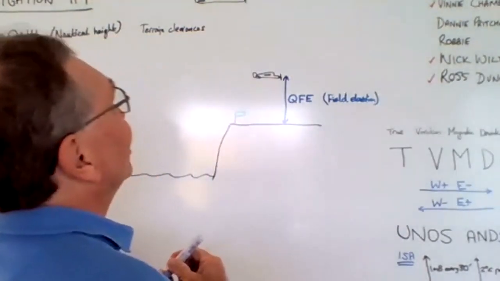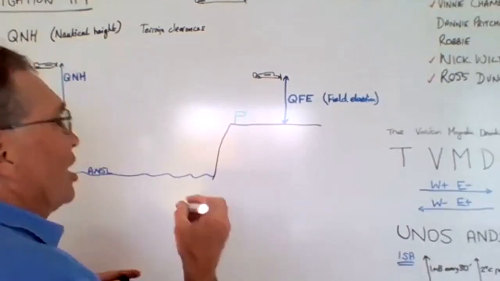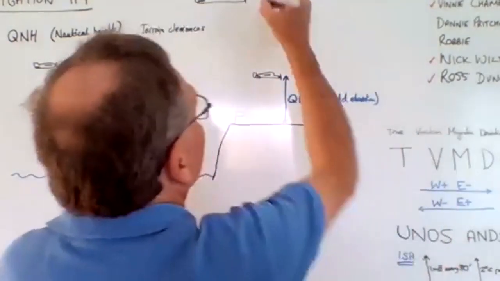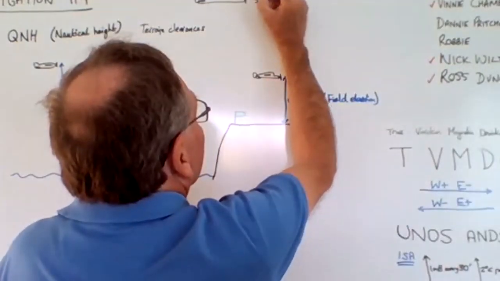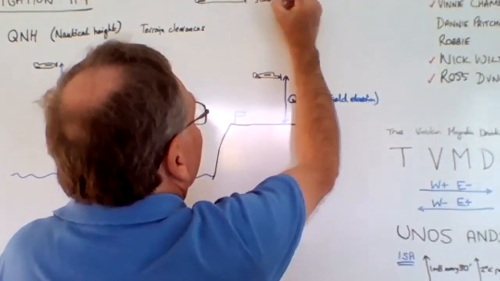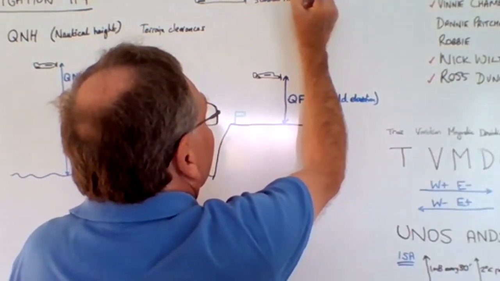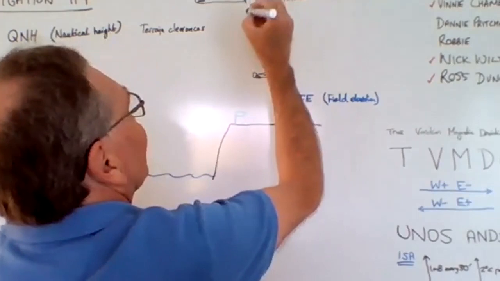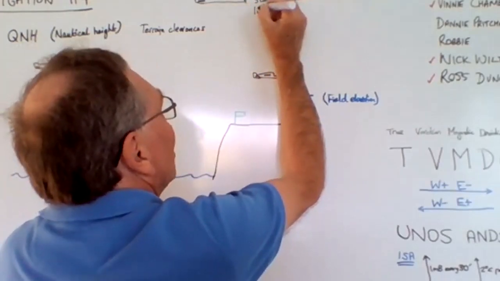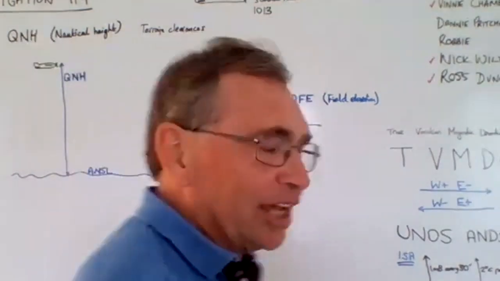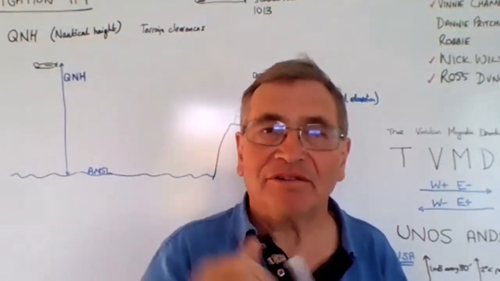When you're very high, these planes all use what's called a standard pressure set. And what they do is they actually put 1013 on their altimeter subscale.